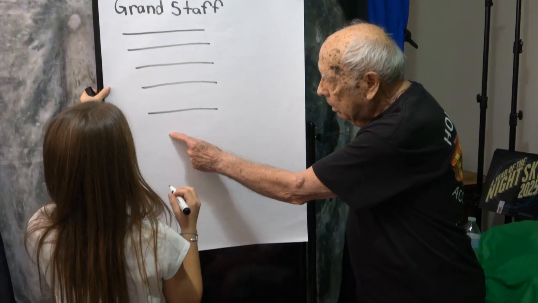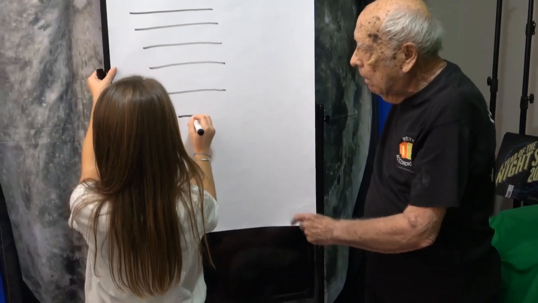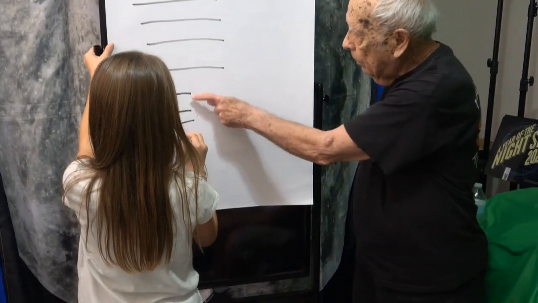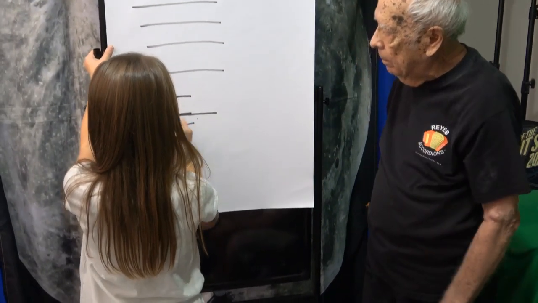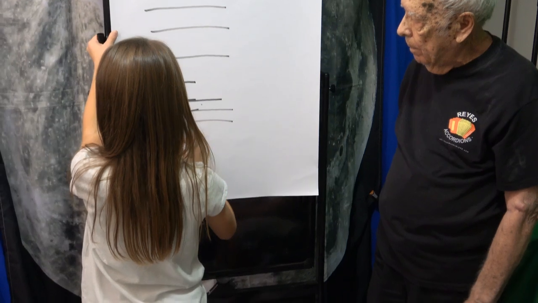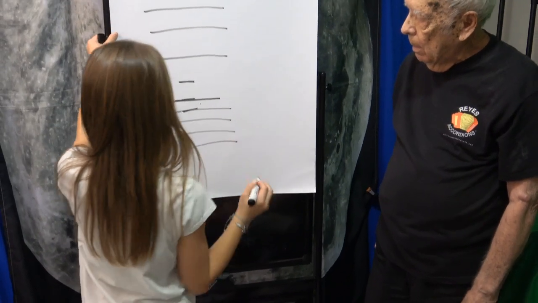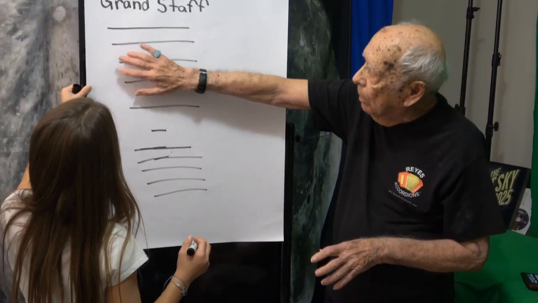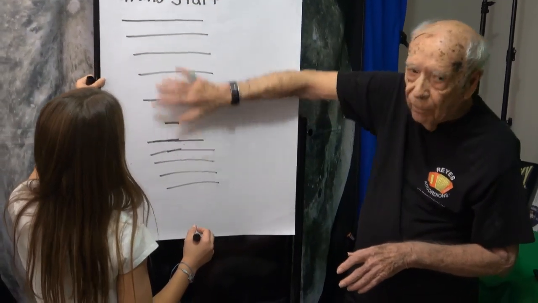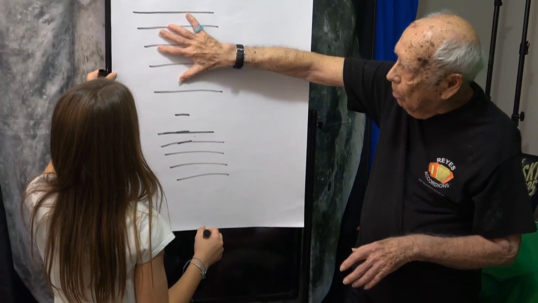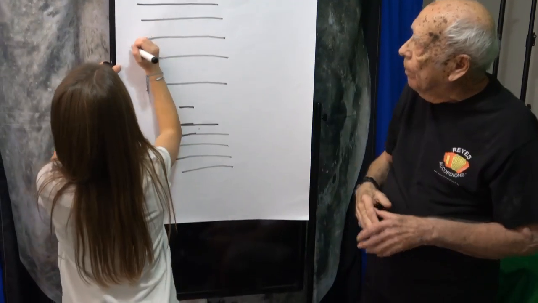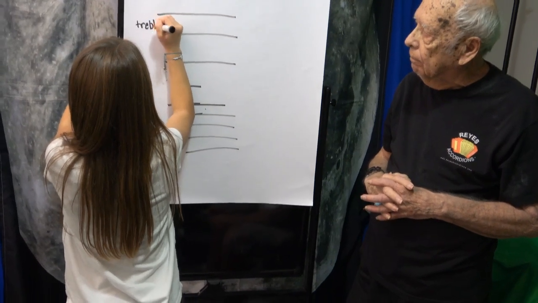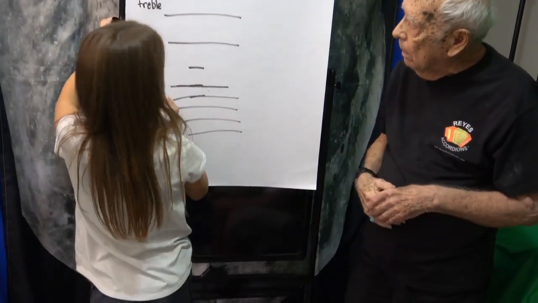Now just draw a little line here. Now draw 5 more. No, these have to be long. Now, because she plays clarinet, or is learning clarinet, we're only going to cover up here. So this is the grand staff, okay? This is a treble clef, so write down treble clef, C-L-E-F. This is bass clef. Bass clef.